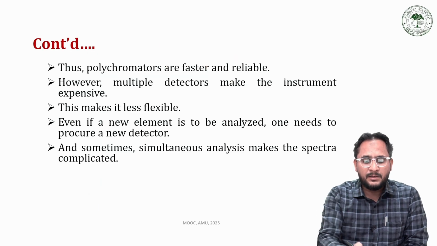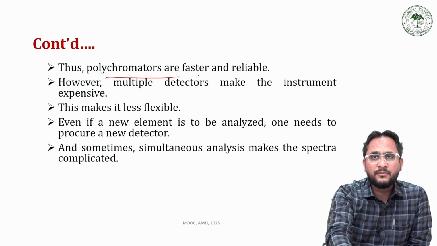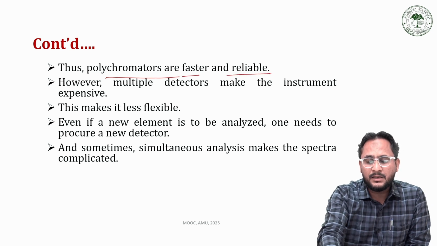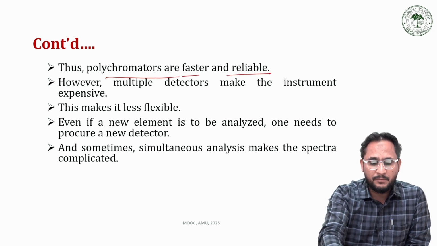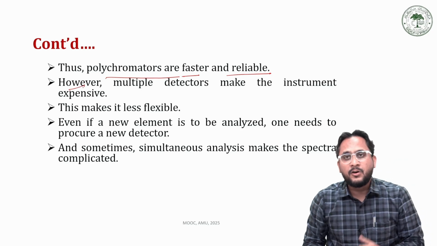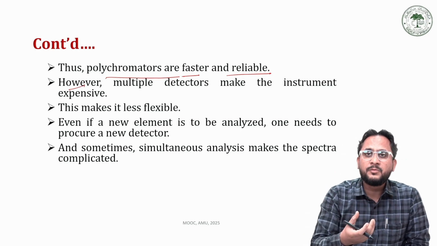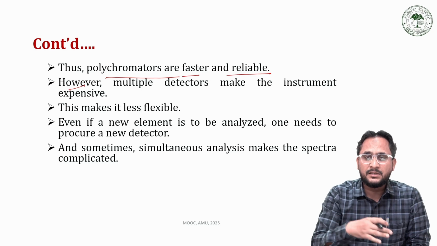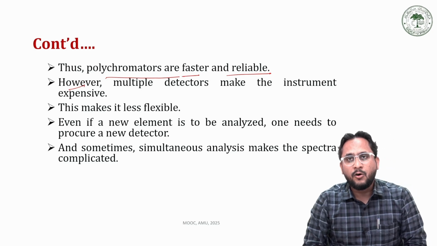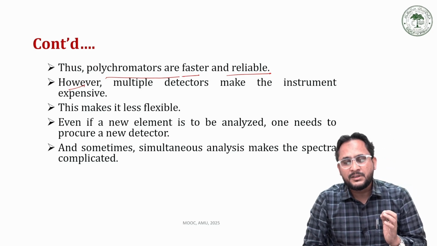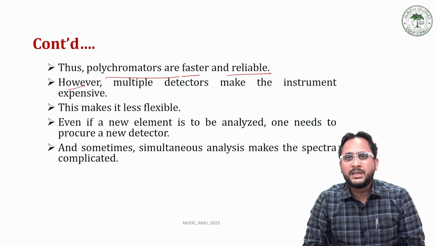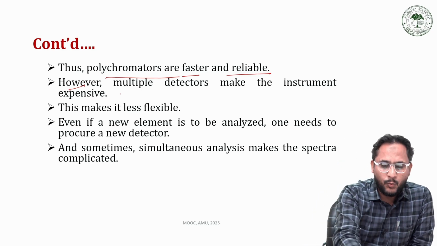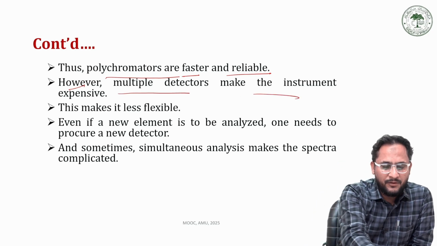So we can say that polychromators make our work much faster, and the result is also quite reliable. However, the cost goes up because we are using polychromators which have multiple slits. Sometimes we are using an axial grating which has a grating and a prism together, and also the most important thing, since we are using a polychromator, we need multiple detectors, which makes the instrument very expensive.